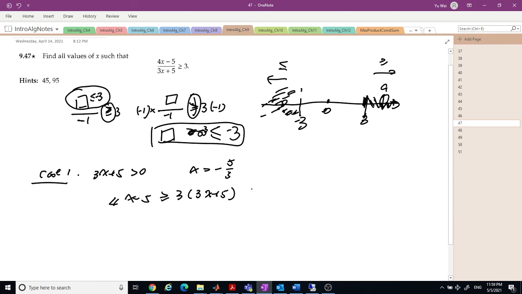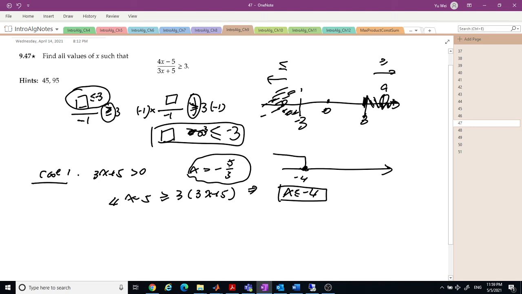This one we can solve as x less than or equal to -4. We need x greater than this and less than or equal to that, which is -1 point something. We need x to be here and here at the same time, so there is no solution for this case.